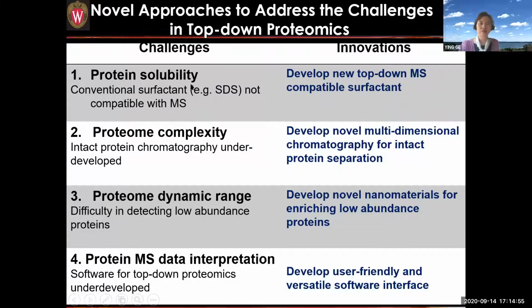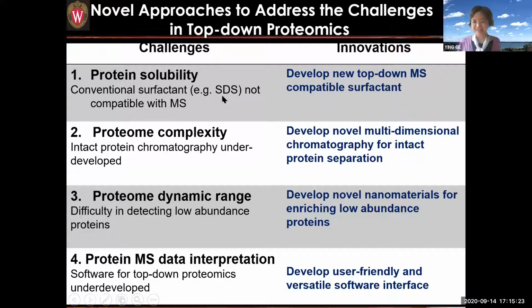So first is solubility. Proteins, generally speaking, are very difficult to solubilize, especially membrane proteins, and one third of the proteome is actually membrane proteins. So biology labs are always using SDS. It's like the gold currency in the biological community. But mass spectrometrists don't like SDS.